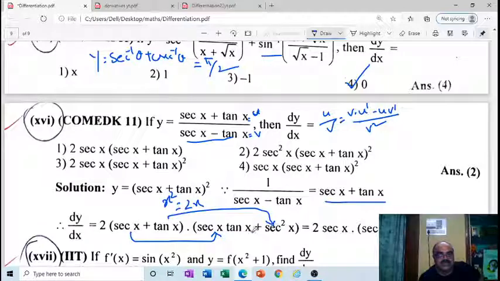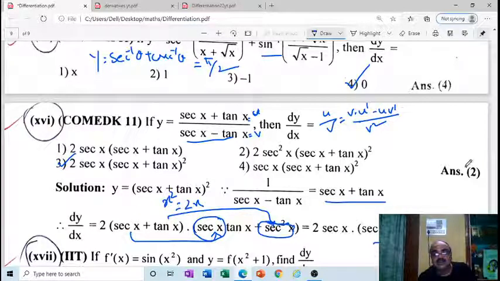Now take secant x common in both the things. It becomes 2 secant x out. Already there is a 2 secant x. If you take it out, what is remaining inside? Secant x plus tan x into secant x plus tan x, which is secant x plus tan x the whole square. Where is the answer? It is 2 secant x into secant x plus tan x the whole square.